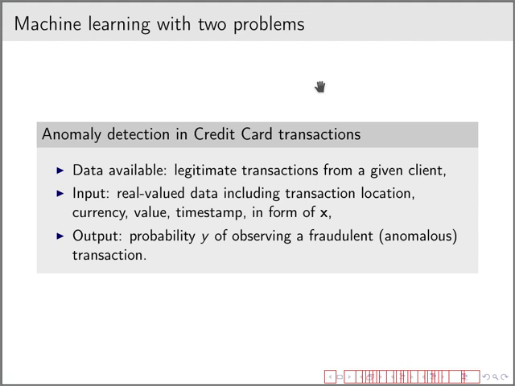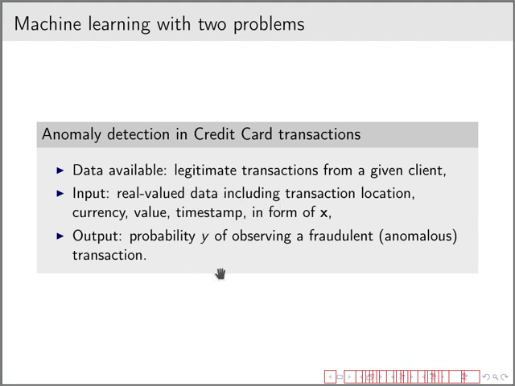It can have a dimensionality. In this case, if we have just location, currency, value, and timestamp, it is 4. So we are working on 4 dimensions. And then the output is the probability y of observing a fraudulent, that means an anomalous transaction.